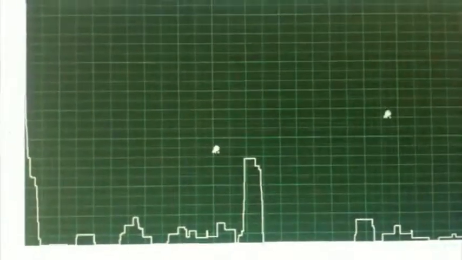And what we see is that the peak now is up around 85, whereas the noise is still down in the range of 25.